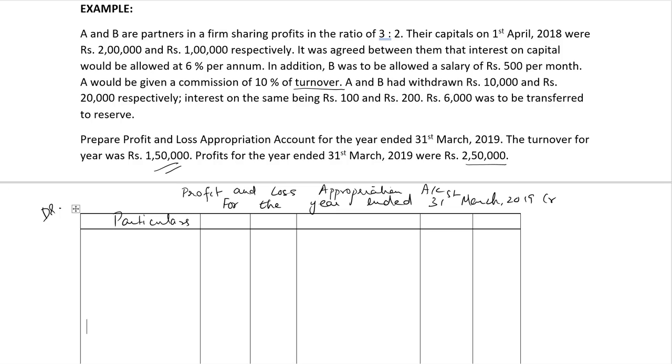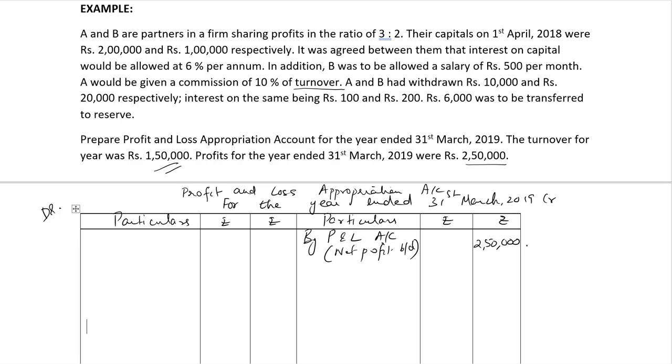On either side we have an inner column and an outer column. We'll have to begin by bringing down the net profit by profit and loss account. For the net profit brought down, it's 2,50,000.